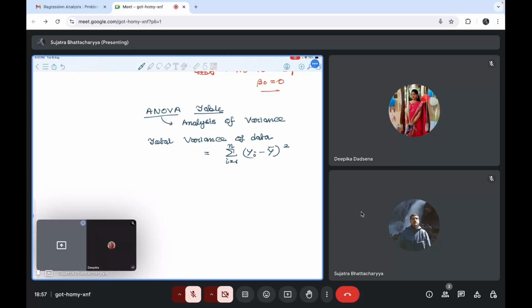Now, actually through the ANOVA table, what we try to do is understand how much of the total variation, which I have written above, the total variation of the data, is explained by the regression model.